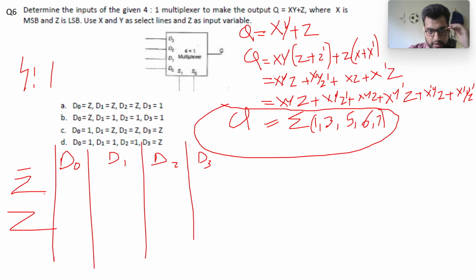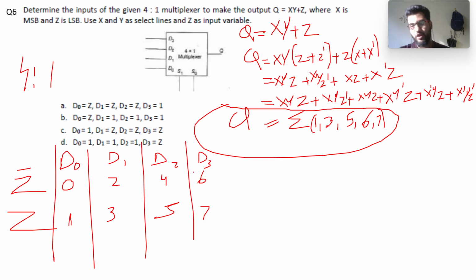Now the question here is, this is 0. So where will be the 1? Here or here? Yes, because right now it is the LSB that is the input variable. If it was the MSB, I would have written 0, 1, 2, 3. So this is 1, this is 2, this is 3, this is 4, this is 5, this is 6, and this is 7.